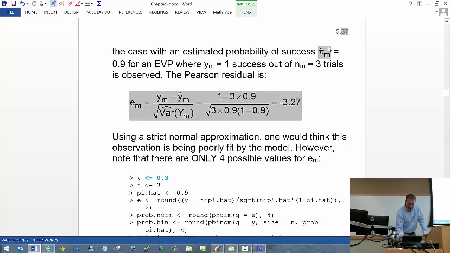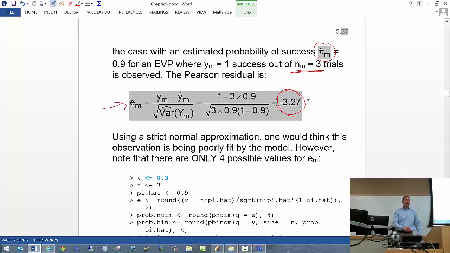Let's say pi hat sub m is equal to 0.9 and n is low, 3. For one explanatory variable pattern, of the 3 trials, we had only 1 success. But pi hat is 0.9, saying there was a good chance of having successes here. What would be the Pearson residual? You can go through all the calculations and get negative 3.27.